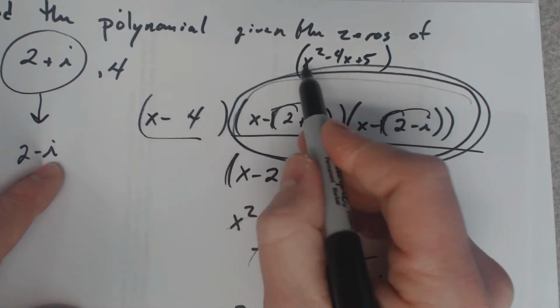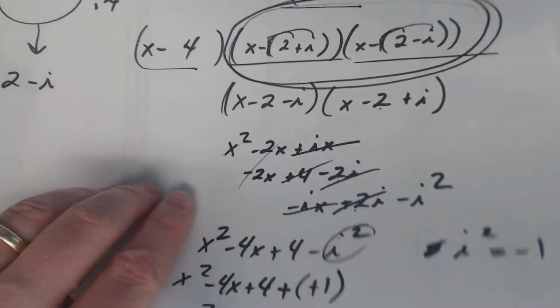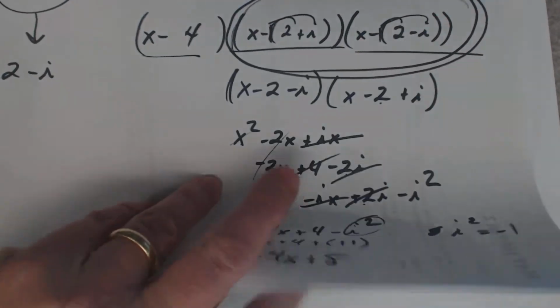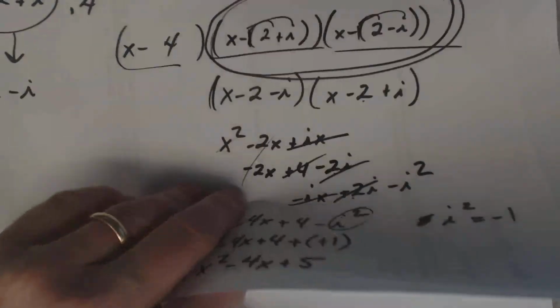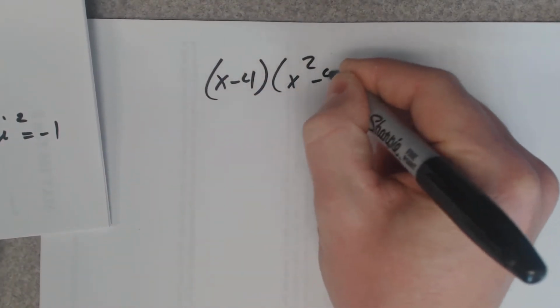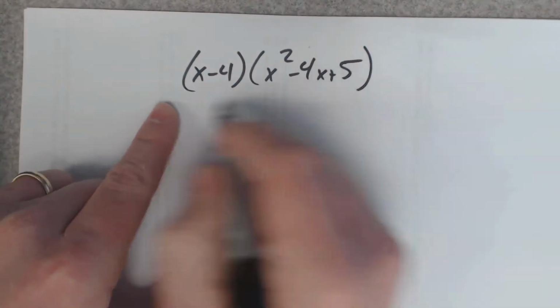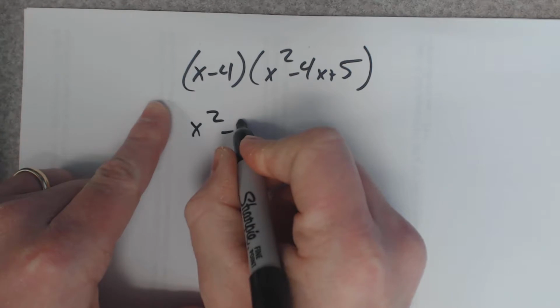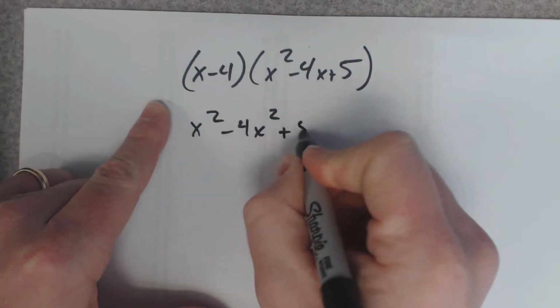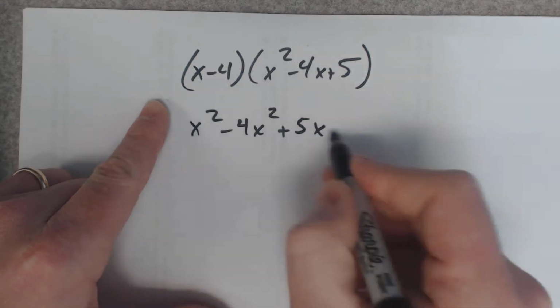So we need to multiply this guy and this guy together now. So let's multiply that together now. x minus 4 times x squared minus 4x plus 5. Distribute an x to all this. So distribute x times that, distribute x times that, stuff like that.